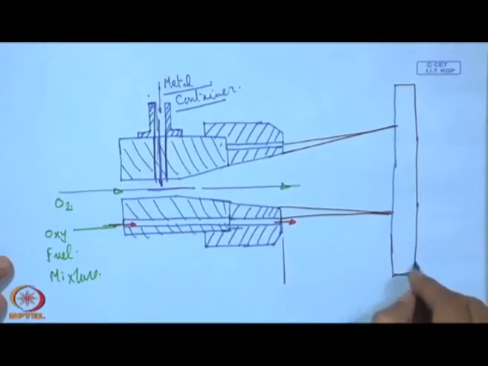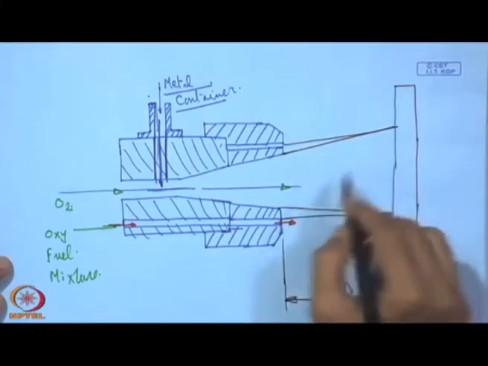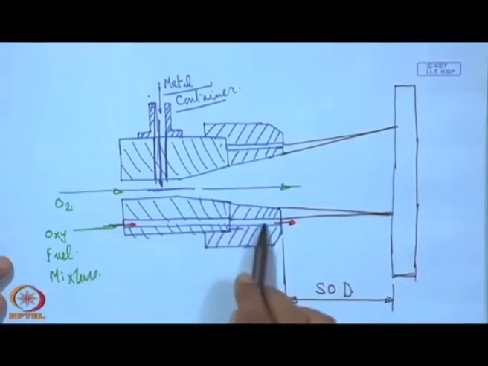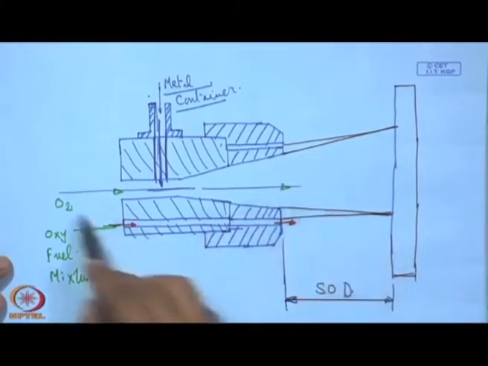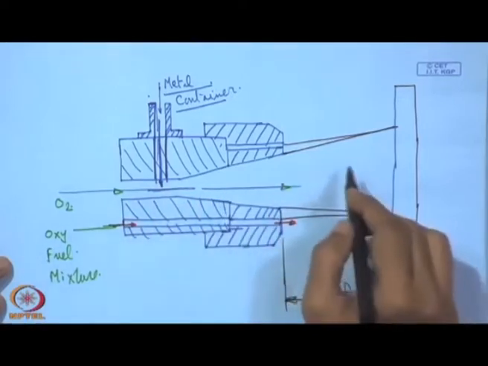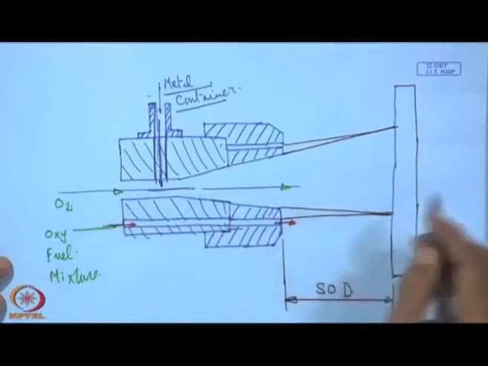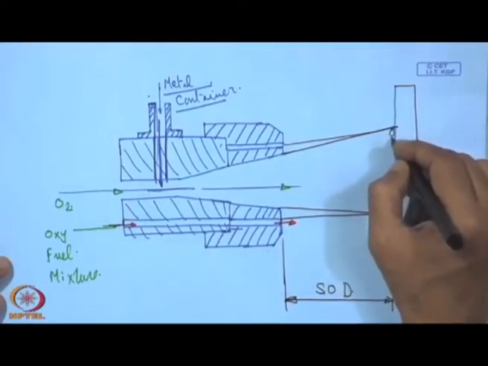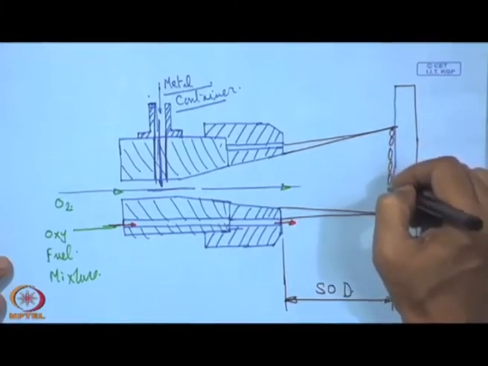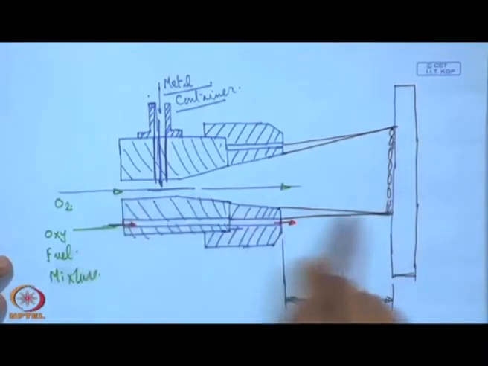This one is SOD, stand-off distance. Now, the oxy-fuel mixture will burn and the heat will be generated, and with the jet velocity of oxygen the powder will be thrown inside, melted here, and just like a droplet it will deposit on this surface. It is just like dropping over this surface. So this is the way it is working.